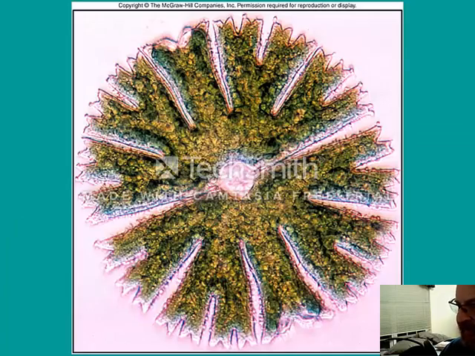Here's an algae, and I put this in here just for a bit of comparison. The algae tend to be quite large compared to the bacteria.